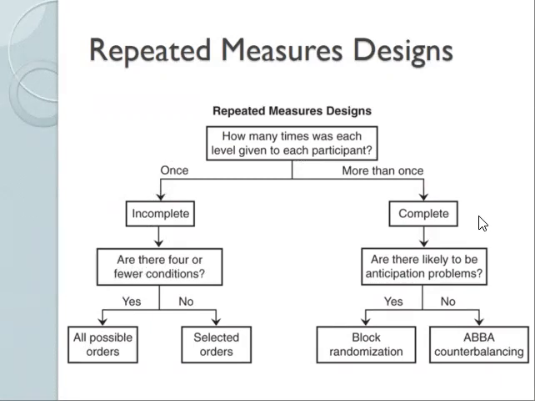And so we might actually have each participant complete each level many times. This is called a complete repeated measures design. And so here with complete repeated measures design, you can actually balance practice effects for each participant because each person is in each condition multiple times.